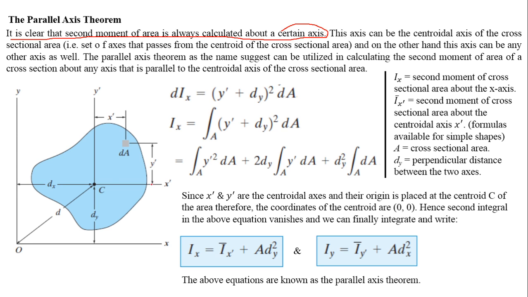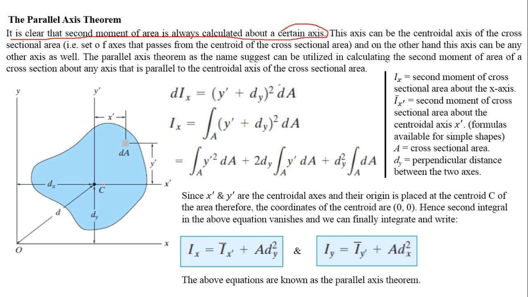So this will have some centroid, and the set of horizontal and vertical axes that are passing through the centroid will be the centroidal axis. So this cross sectional area will have the ability to bend about its centroidal axis. Okay, and we are going to learn how to calculate this.